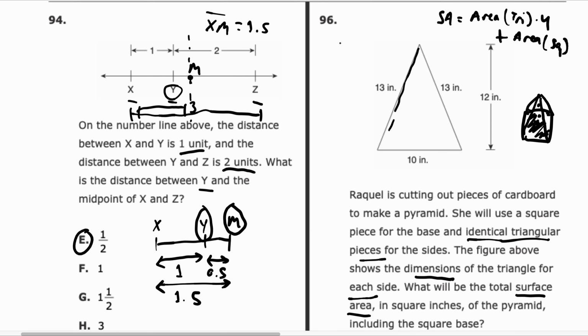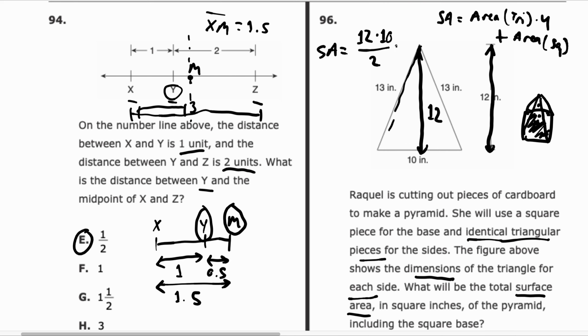Okay, so let's calculate this. So the area of the triangle, we're told that this length right here is 12 inches, right? So that would be the height. So to find the area of the triangle, we do height times base over 2.